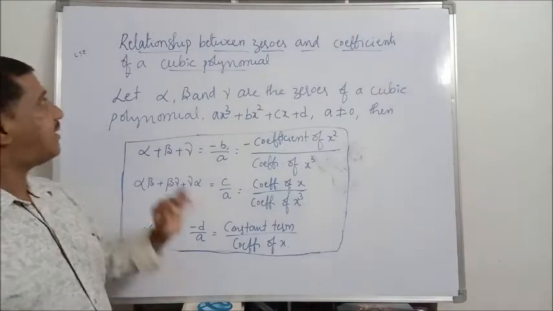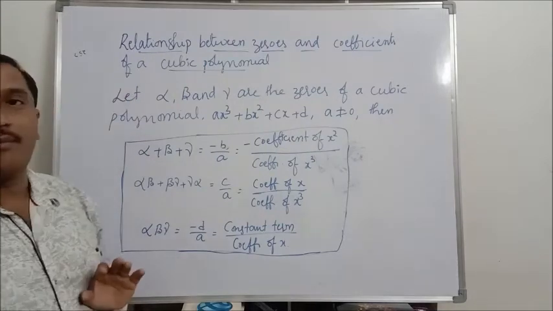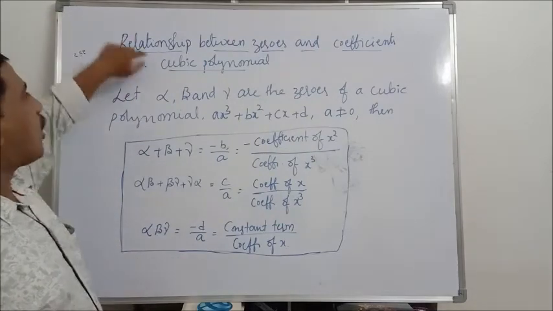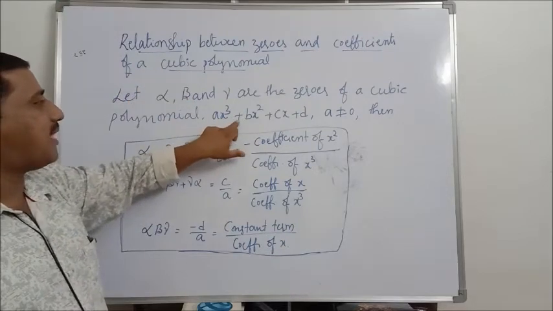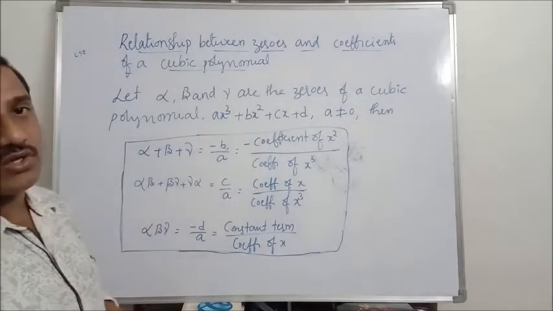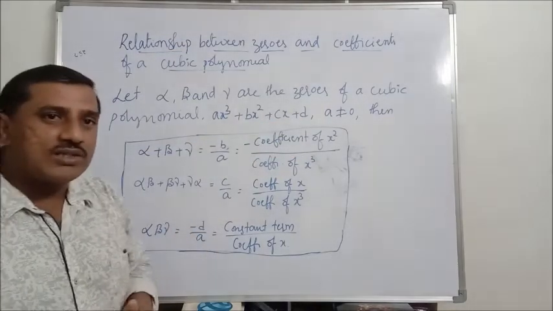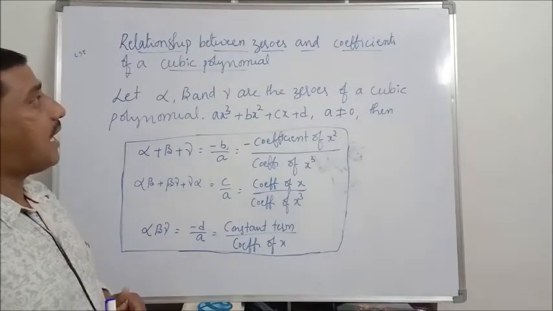Now we will discuss the relationship between zeros and coefficients of a cubic polynomial. The general form of a cubic polynomial is ax cube plus bx square plus cx plus d, where a is not equal to 0. How many zeros are there for a cubic polynomial? At most 3 zeros.